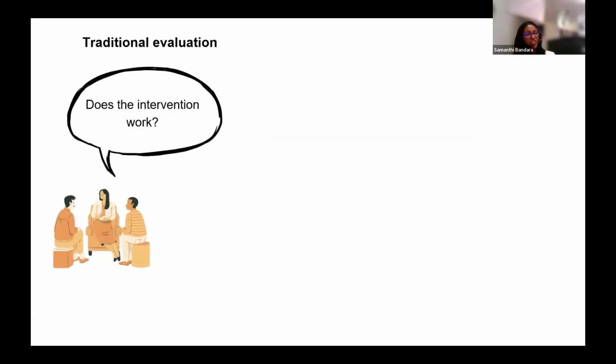That is the program theory. In summary, before the last slide, I wanted to show you the difference between traditional evaluation and realist evaluation. Basically, scientific studies ask, does the intervention work? It could be experimental or statistical testing.